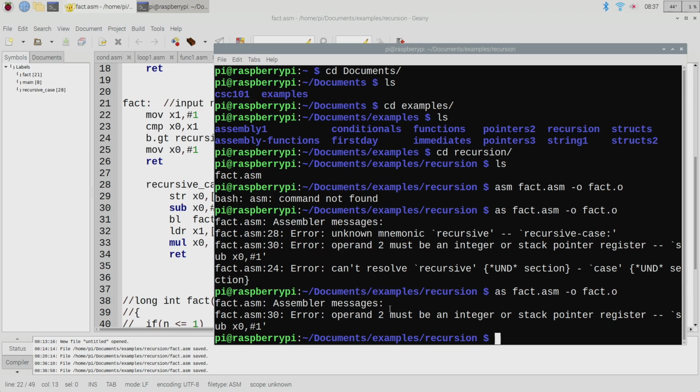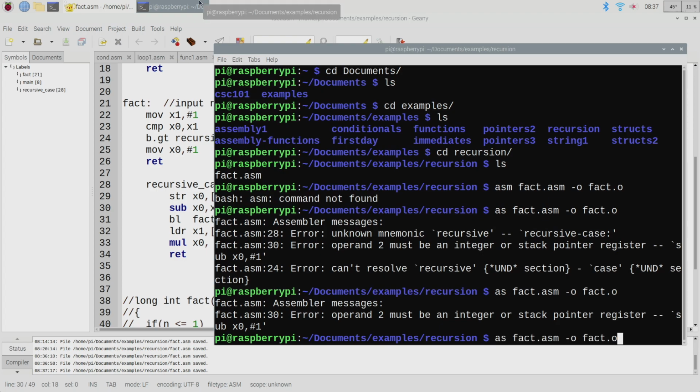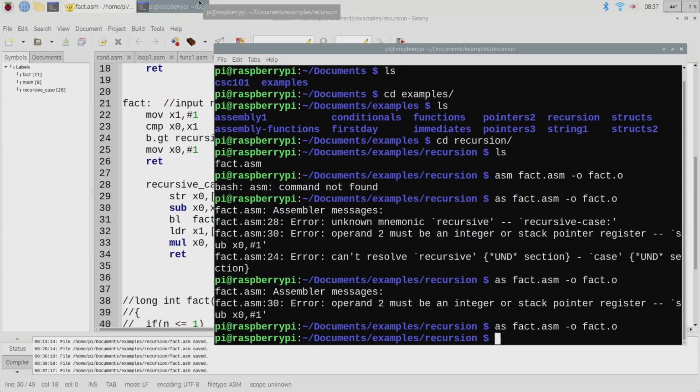All right, line 30. Oh, there we go. Because I'm subtracting 1 from x0 and putting the answer in x0. Yeah, my bad. Okay, good. All right, so fix those little bugs. No big deal. And then now let's link it. Or actually, let me go back up here and add in the debugging.